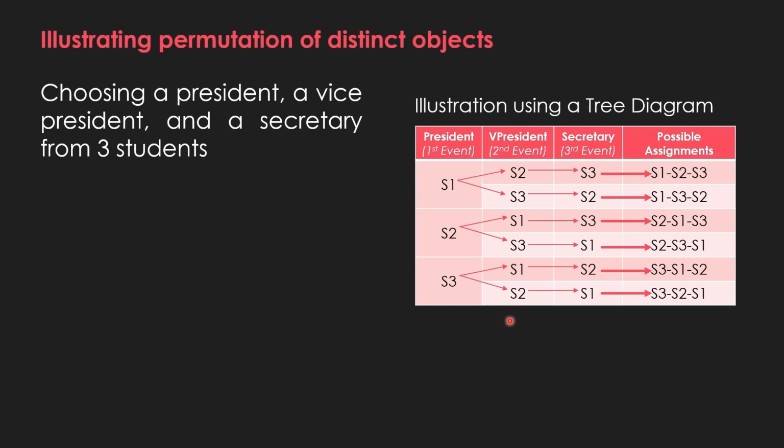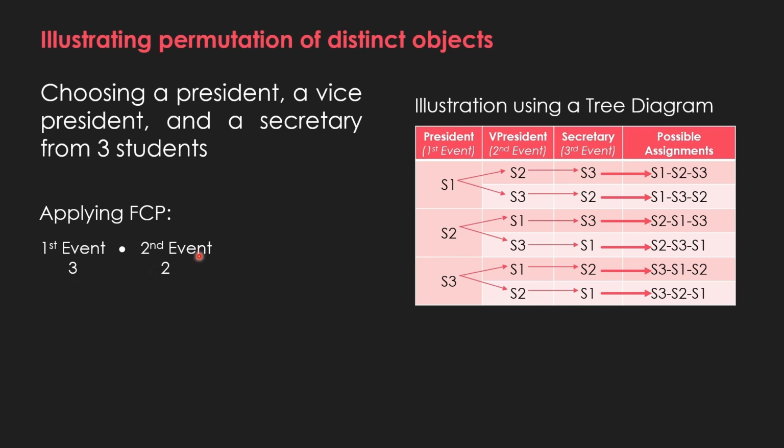And similarly, when we apply the fundamental counting principle, the mathematical concept, we can see that on the first event, there are 3 students that we can choose to become a president. Now, after we have chosen 1 from the 3 students, we will be selecting who will become the vice president, and there will only be 2 candidates there, since naa naman tayo nakuha nga isa sa first event.